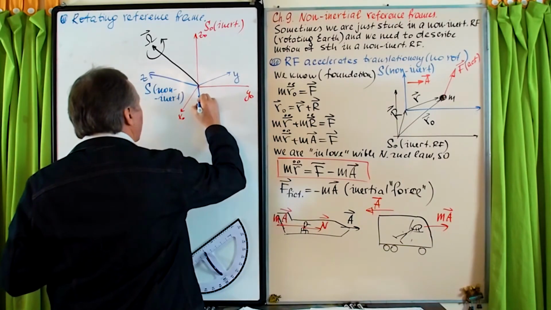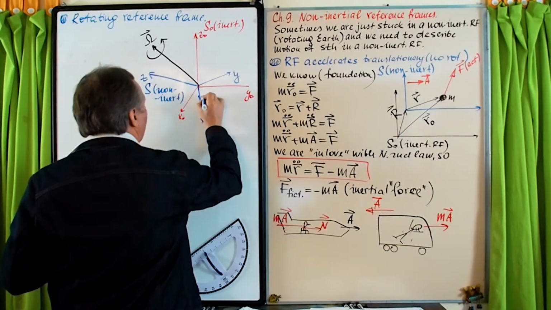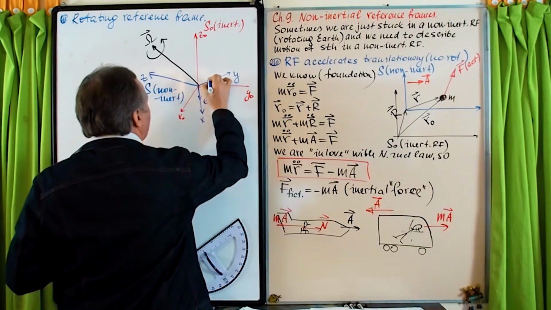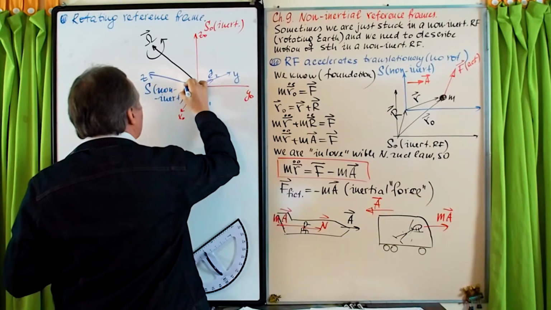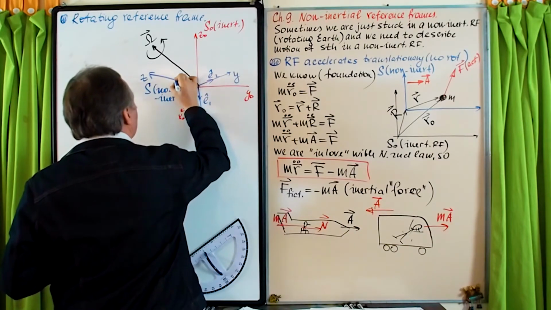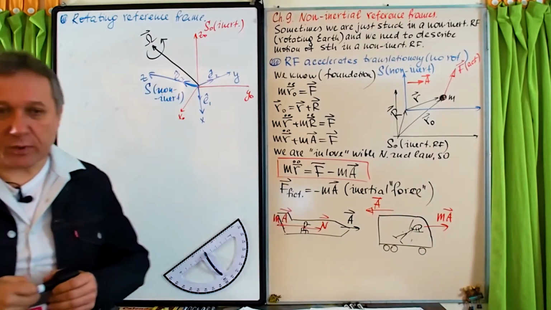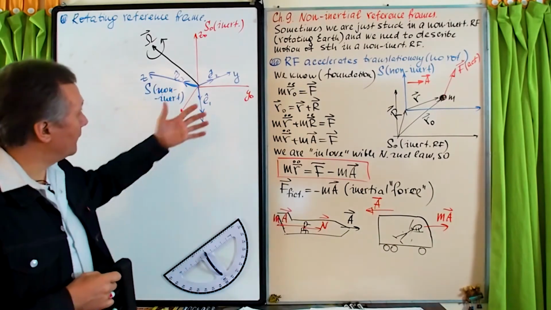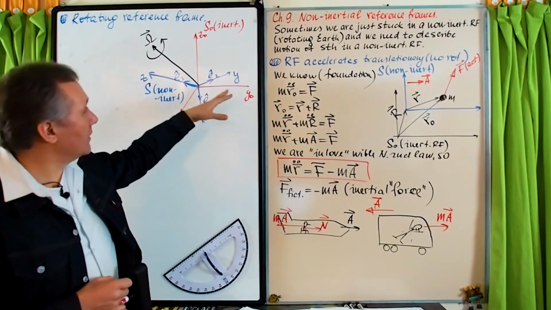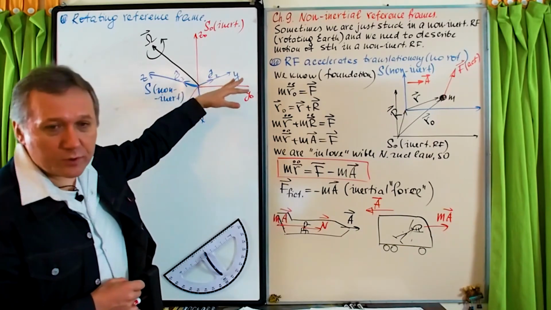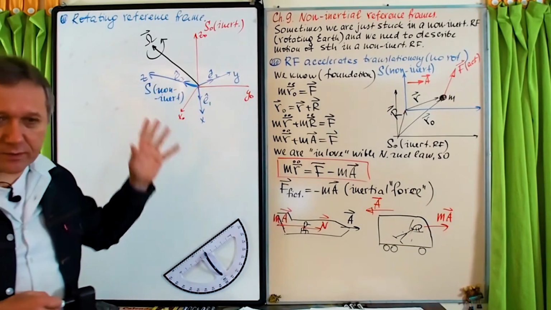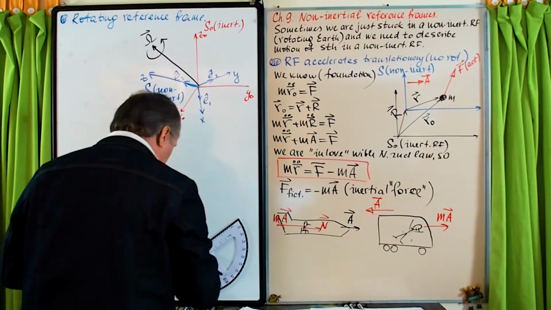Here it will be e1 hat, this will be e2 hat, this will be e3 hat. Similarly, we can introduce unit vectors for the inertial frame: e1,0, e2,0, e3,0, and so on.